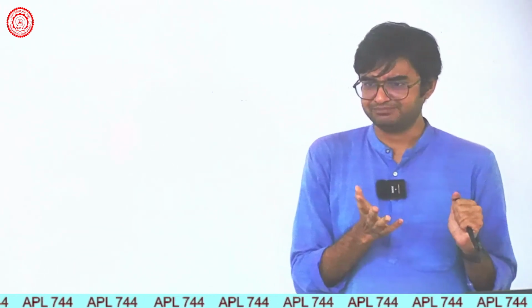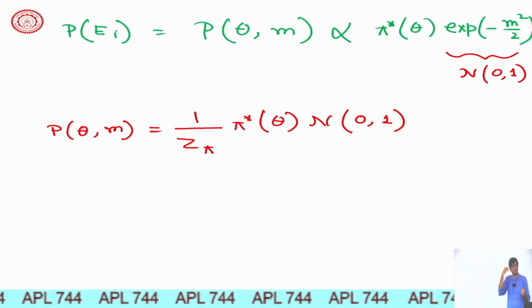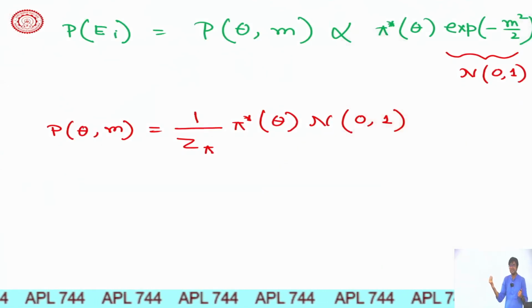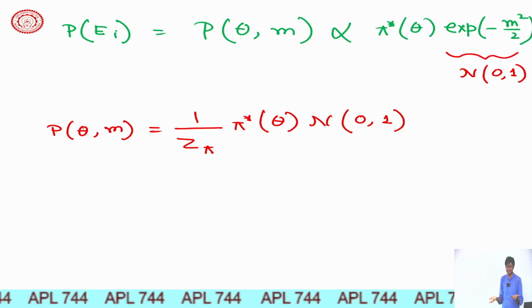The only problem is that for solving it, I will need initial condition. I will need initial condition of theta, initial condition of m. Initial condition of m, how will I get? I will sample from standard Gaussian. So m sample, I will take a sample from standard Gaussian. Theta, I have to take some initial theta.